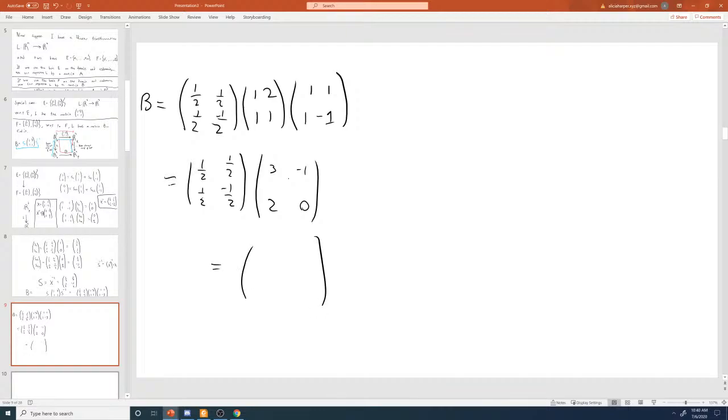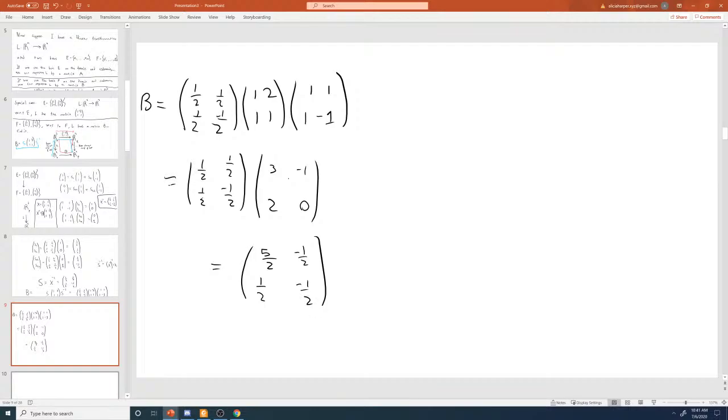I'm going to get 5/2 here, and then 1/2 here, and then negative 1/2 here, negative 1/2 here.